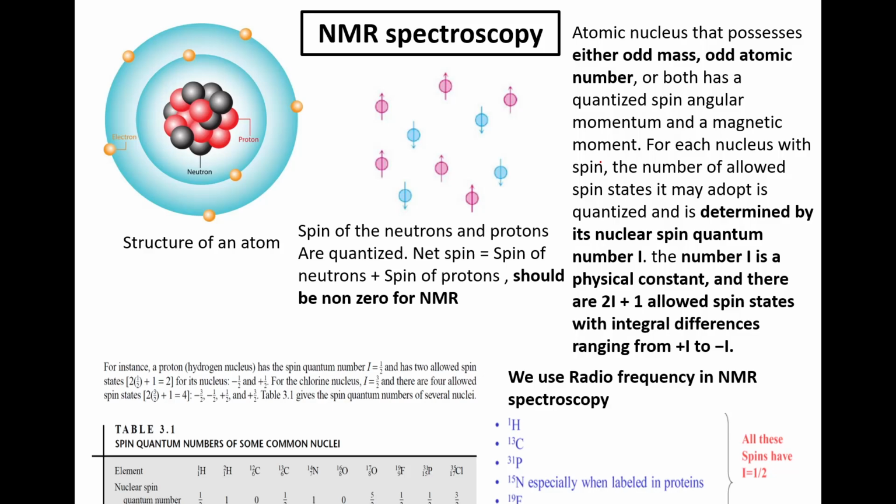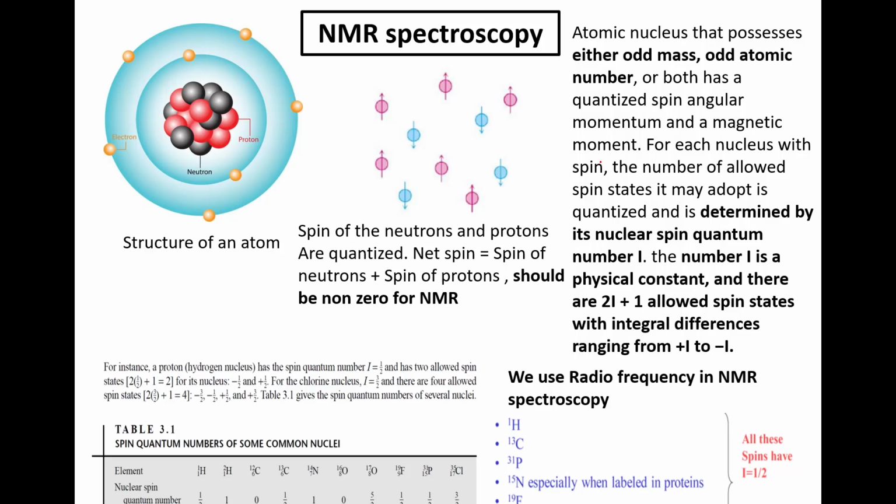From the name only, you must have the question of why some atoms are NMR active and why some atoms are NMR inactive. To understand that, first let us start with the name of this technique, nuclear magnetic resonance. So it is somehow related to the nuclei of the atoms.